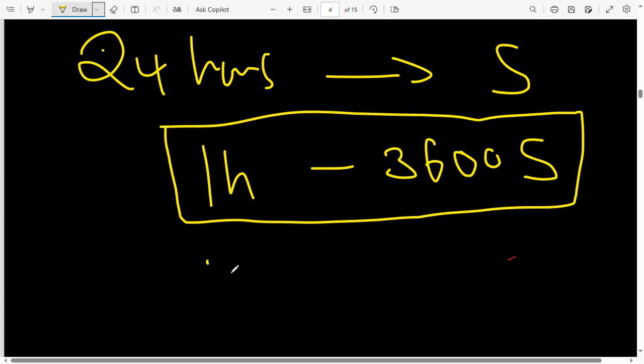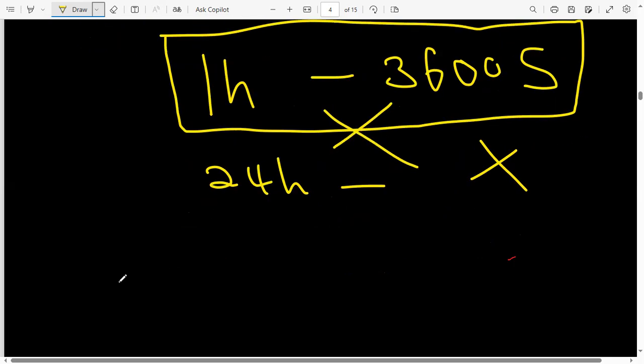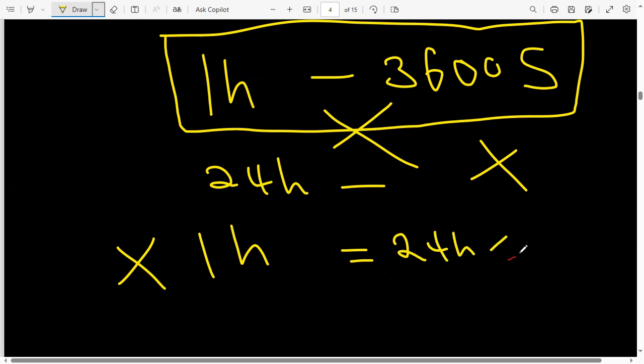So we are going to use this one here. We say 24 hours and then X here, and we cross multiply. X multiplied by 1 hour gives X times 1 hour, and this will be equal to 24 hours multiplied by 3,600 seconds.